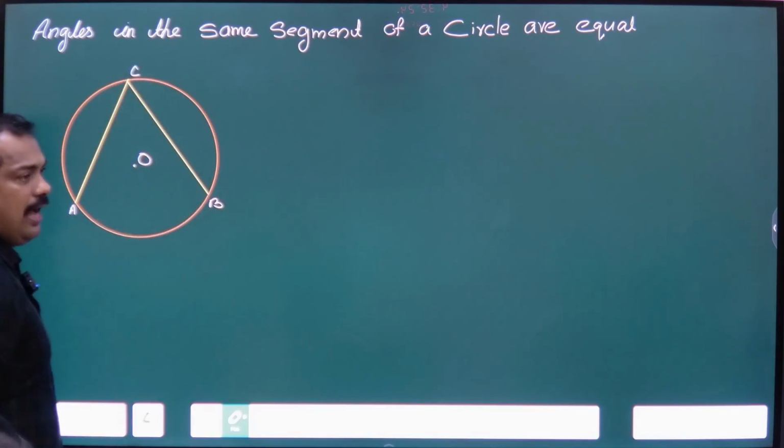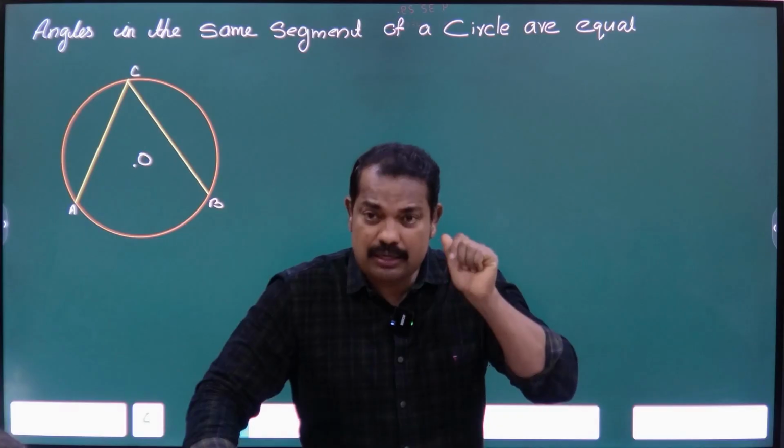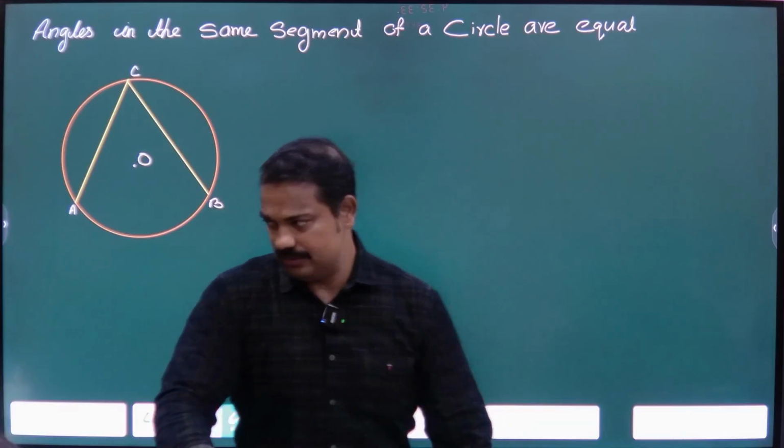Angle ACB is the angle subtended by the arc AB, where? On the circle, not at the center.